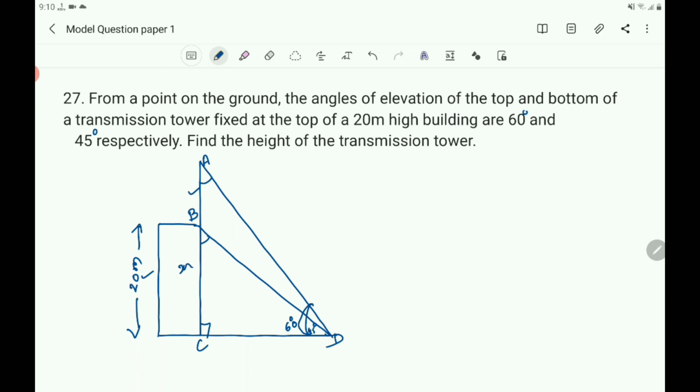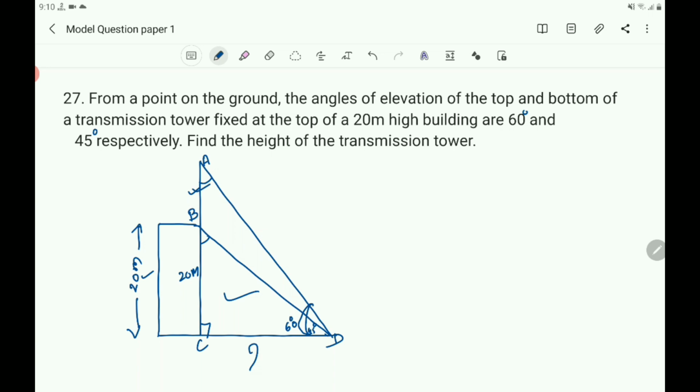This is also 20 meter. Now first you take this triangle and find the value of DC. After getting DC, then you will get the value of EC. Then subtracting 20 meter from EC, you will get the height of the transmission tower.